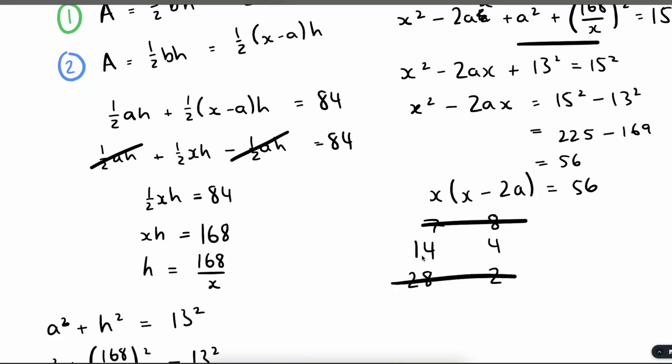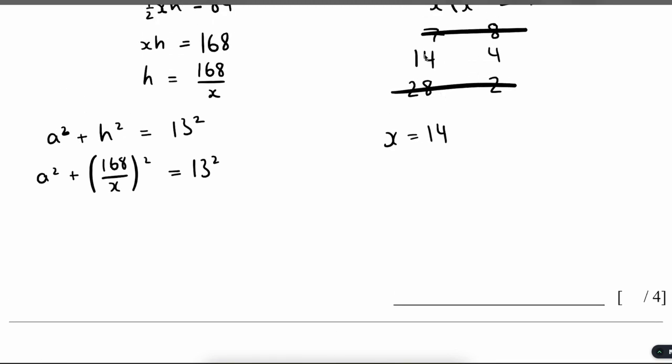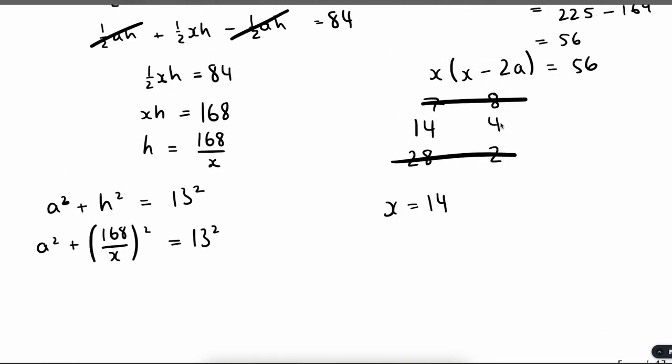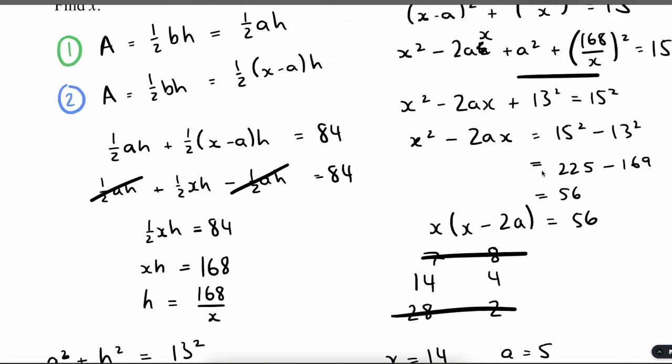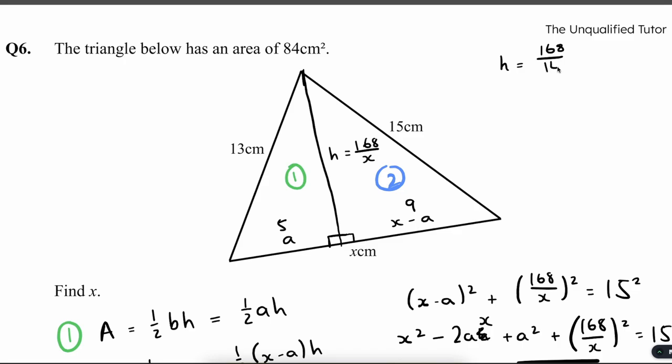So if we say x is 14, then to make this x minus 2a equal 4, a would have to be 5. If we replace that with 5, and then 14 minus 5 is 9, h now equals 168 over 14, which is quite a difficult one to work out, but if you think that's just 140 plus 28, so that's going to be 12.